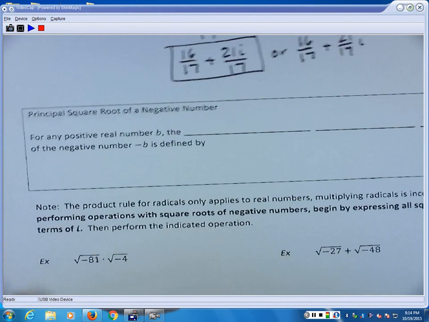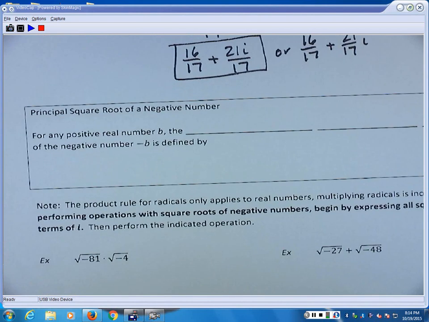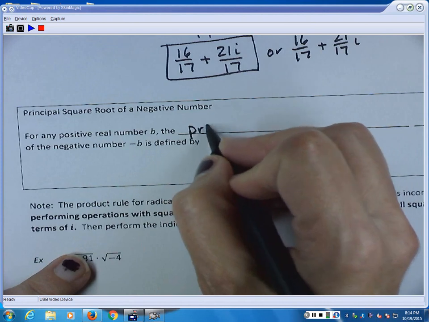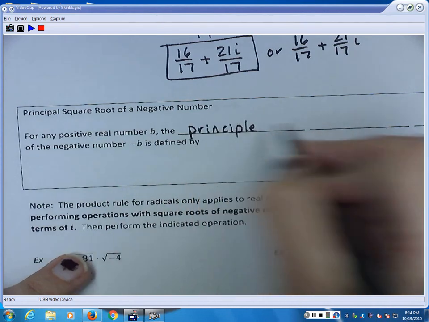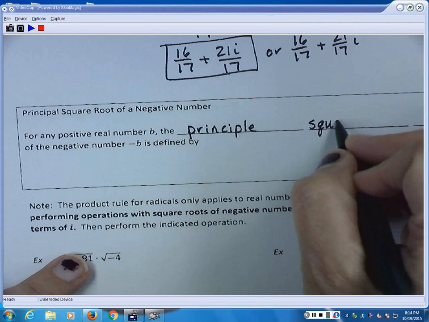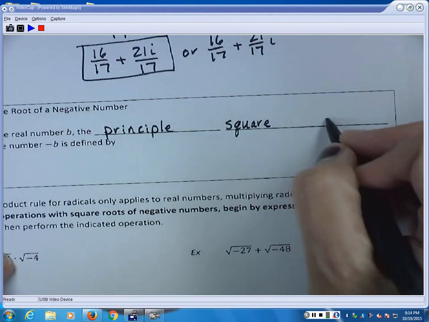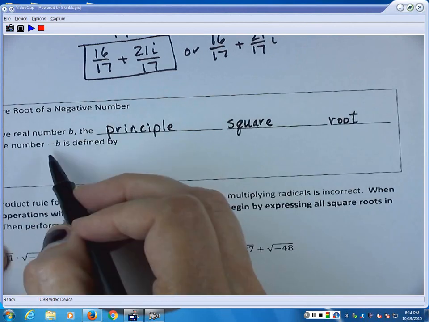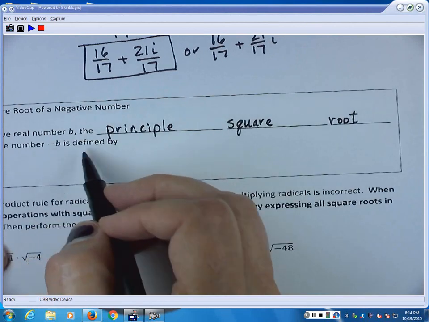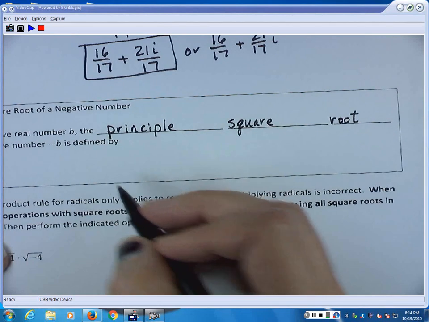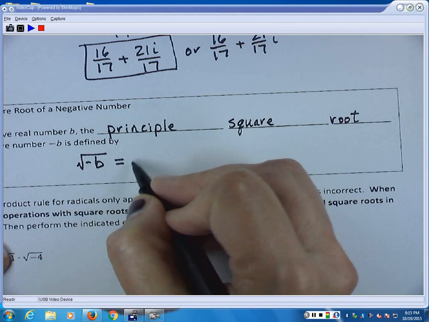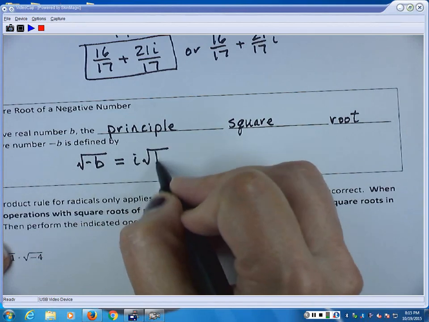Okay, the principal square root of a negative number. So for any positive number b, the principal square root of the negative number, negative b, is defined by, so if we have the square root of negative b, that's defined by i times the square root of b.